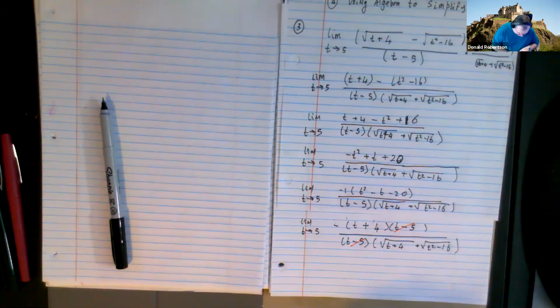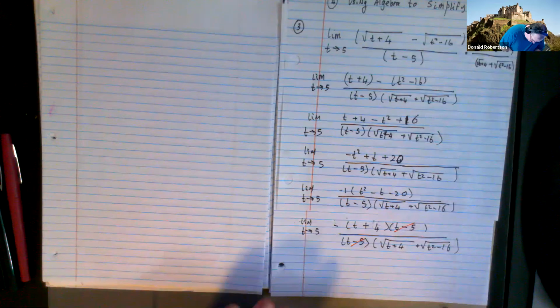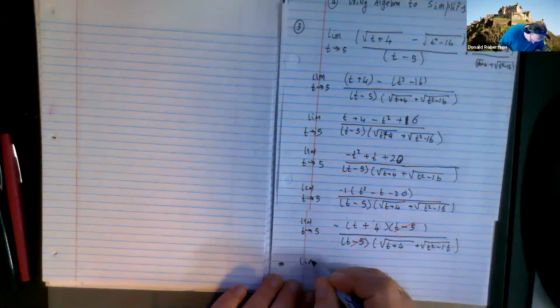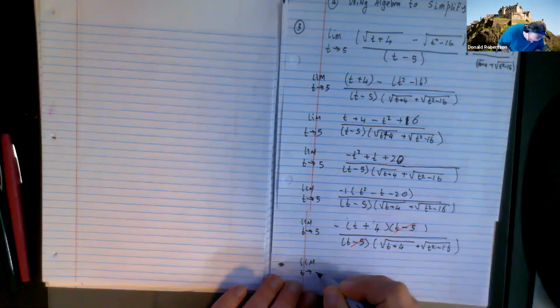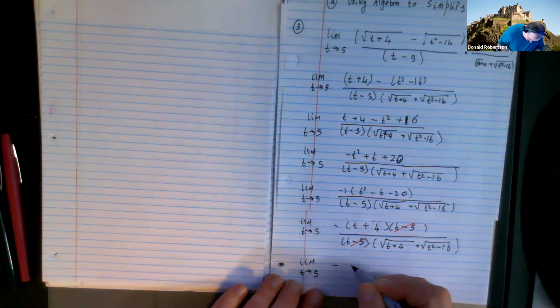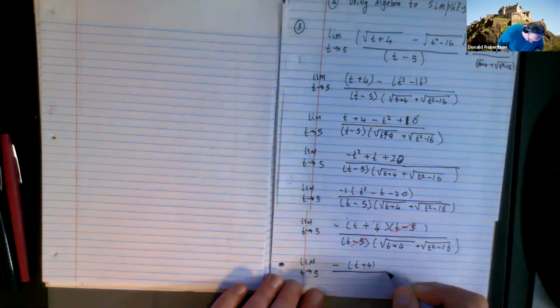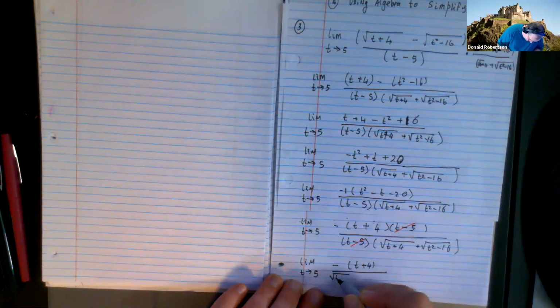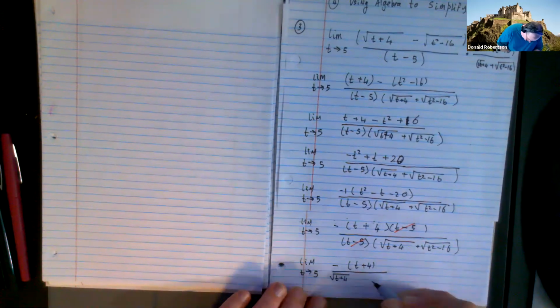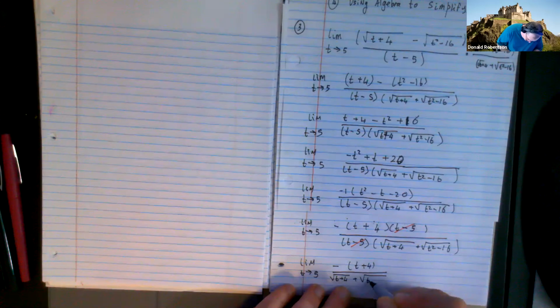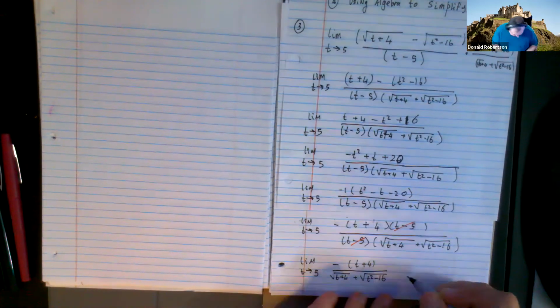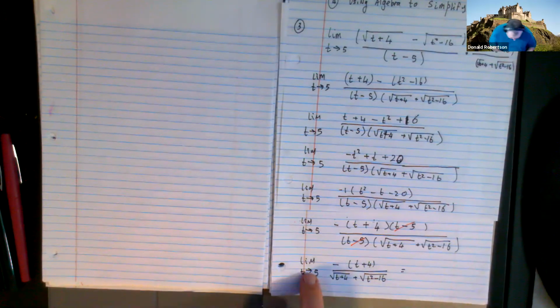Those two cancel. It's a good sign. So it's now going to be the limit as t tends to 5 of negative t add 4 over the square root of t add 4 add the square root of t squared, take away 16. And at this point, I can now plug in 5.